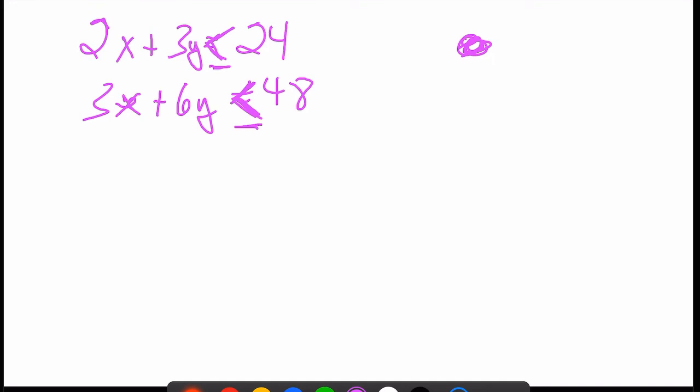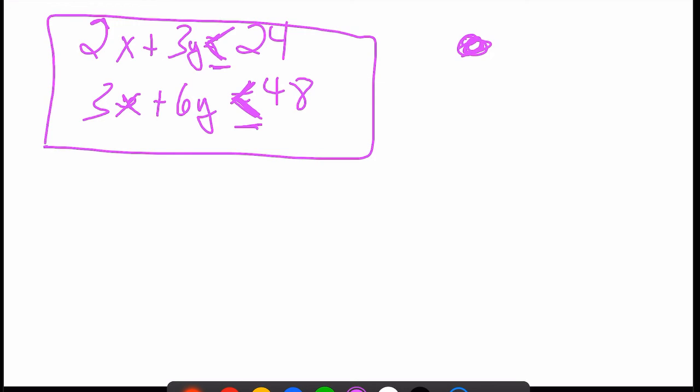So if I multiply or divide by something positive, I keep the sign the way it is. If I multiply by a negative, I have to flip the sign. Okay? Just try solving these equations where there's examples in your book. It's not a big deal.